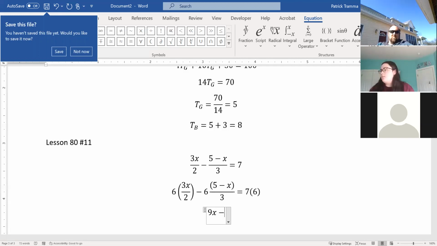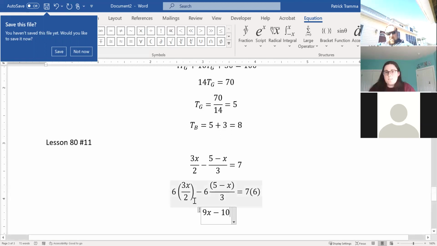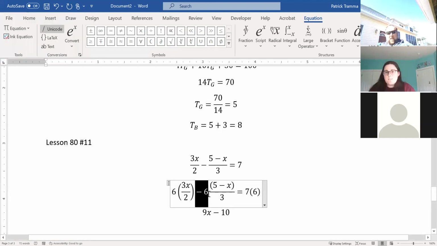And then minus 6 times 5 divided by 3, that's 30 divided by 3, 10. Well, hold on. Now 6x divided by 3. And it's not minus because that's minus 6 times another minus x. There's a minus in front of the whole fraction, so we're multiplying minus 6 times minus x.